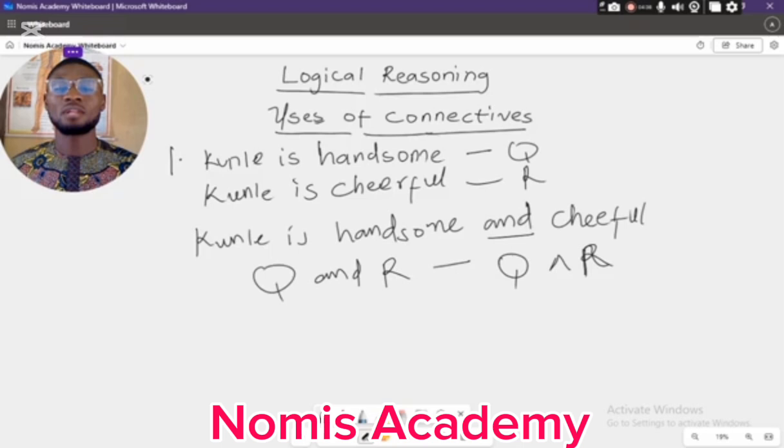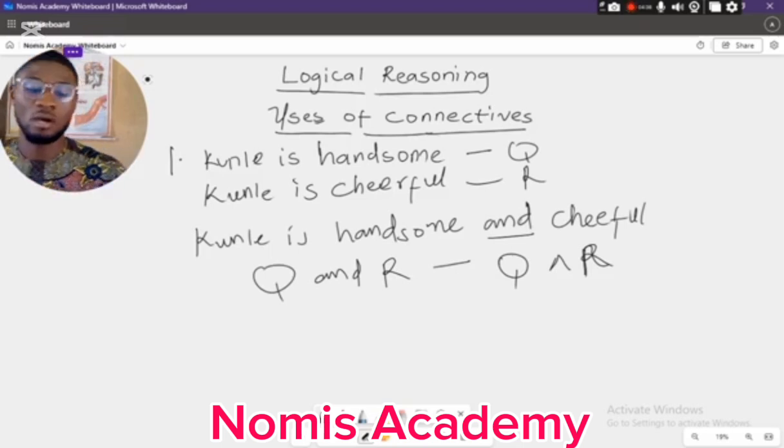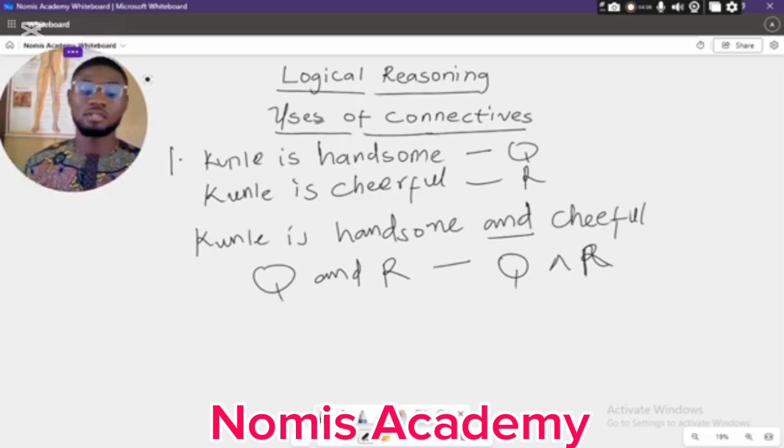Now, let us judge this statement using the truth table. Let us create a truth table for this.